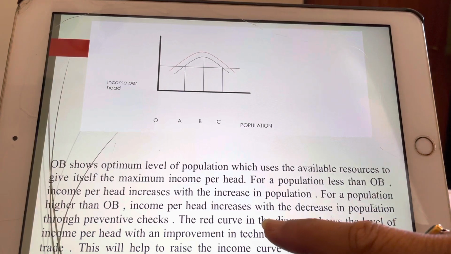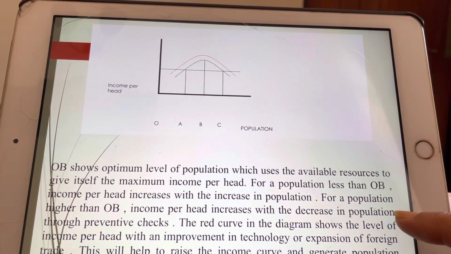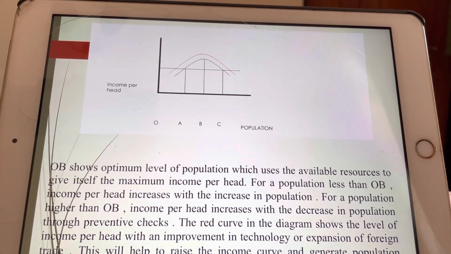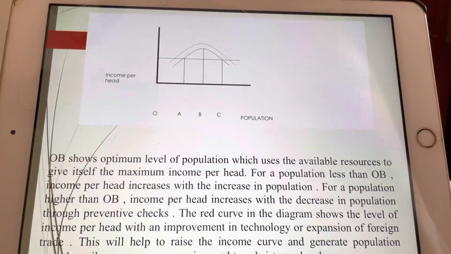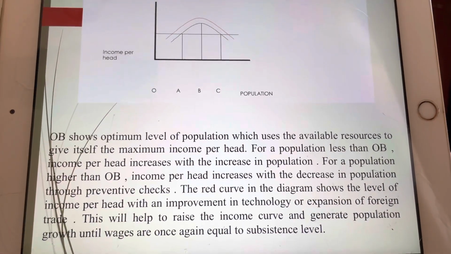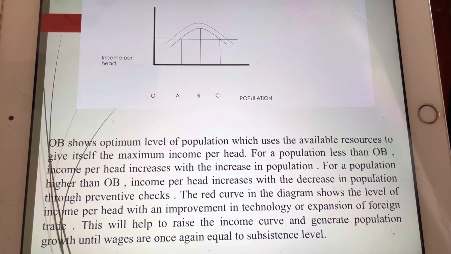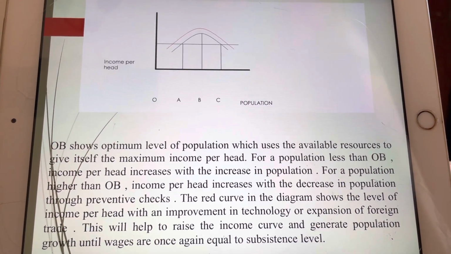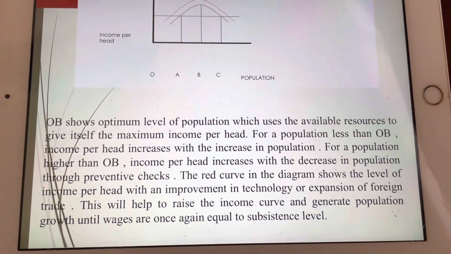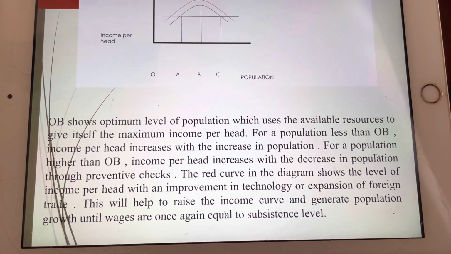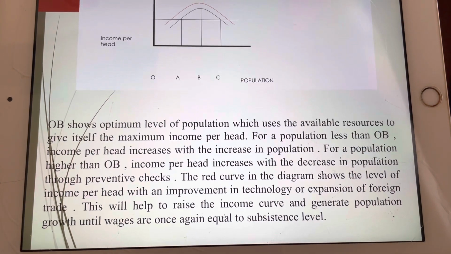The income per head increases with the decrease in population through preventive checks. If the income is increasing, people will start to use preventive checks, and by using those preventive checks the size of the population will also decrease.